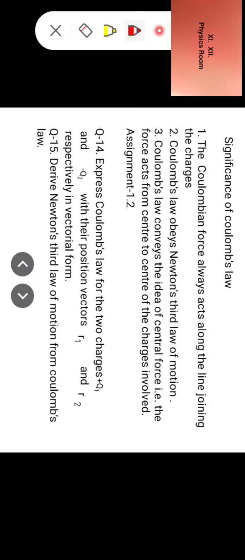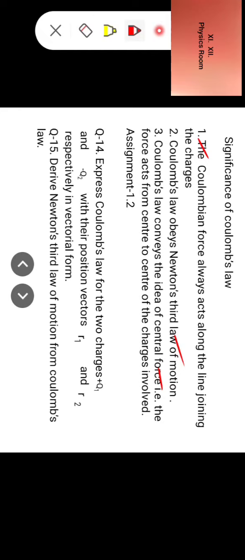Now, the significance of Coulomb's law. First point, the Coulombian force always acts along the line joining the charges. Second, Coulomb's law obeys Newton's third law of motion. Third, Coulomb's law conveys the idea of central force, that is, the force acts from center to center of the charges involved.